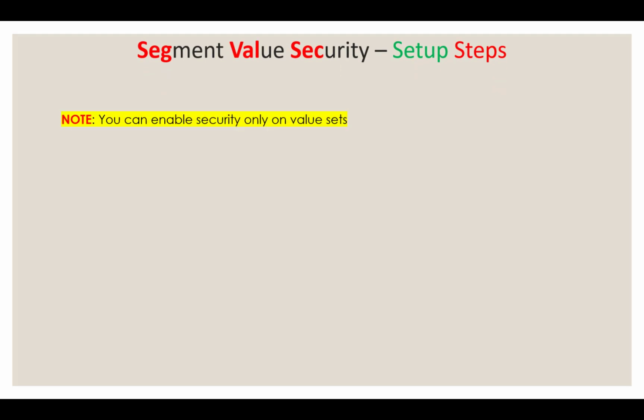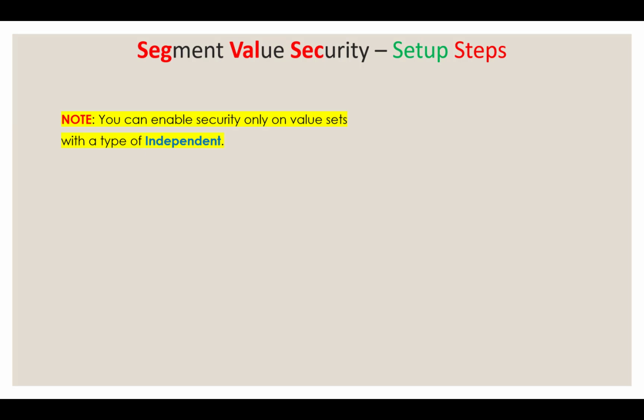For the setup steps, you can enable security only on value sets with the type independent. When defining the value set of our chart of account segments, there are a lot of types: dependent, independent, table, query, SQL, and so on. You can only enable security for the type independent.